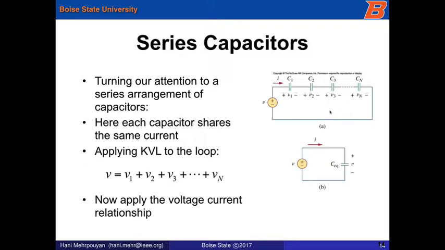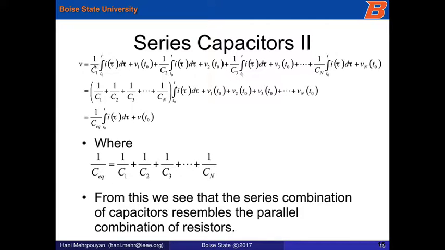If you put them in series, the current going through all of them is the same, but the voltage across all the capacitors is the sum of all the voltages. If you rewrite this as the sum of all the integrals, you notice that the equivalent capacitance is given by 1/CEQ equals 1/C1 plus 1/C2 plus 1/C3 all the way to 1/Cn. This follows straightforwardly from replacing V1 with its equivalent expression, which is 1/C1 times the integral of I(t) dt.